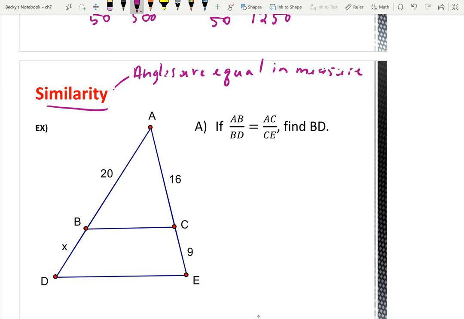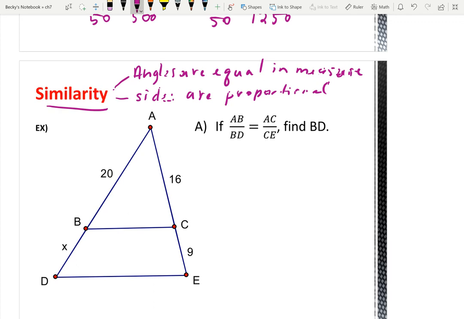As you can see, my pen is just not wanting to do it. Okay, and the sides are proportional. Okay, good enough. Hopefully you understand what I'm trying to say here.